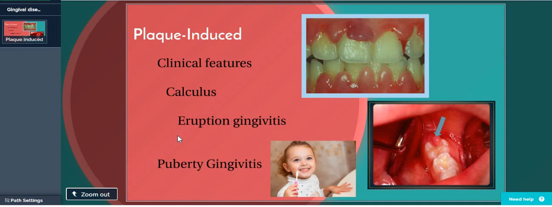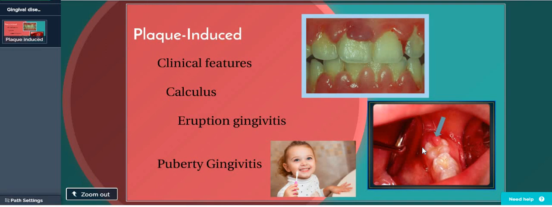We have another term named eruption gingivitis, like you see here, pseudo-pericoronitis and eruption gingivitis. This is gingivitis associated with tooth eruption, which is so common that the term eruption gingivitis has come into common use nowadays.